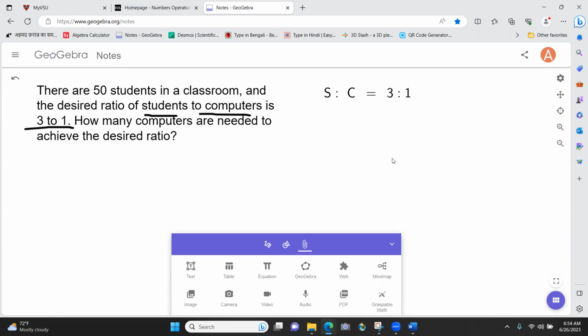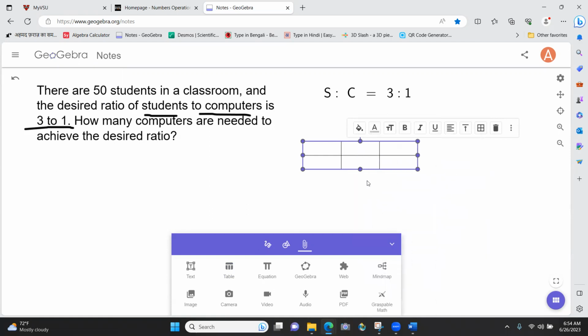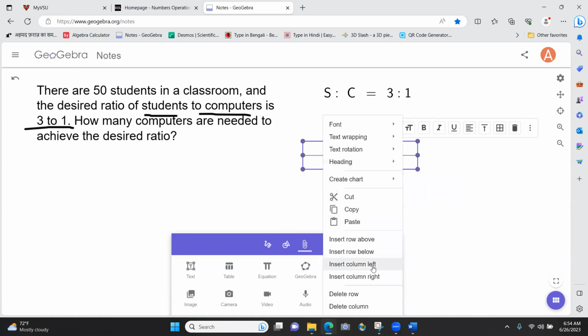The way I'm going to do it, I have 50 students. Now, there is a little catch here. 50 is not divisible by 3. So what do we do? Let me make a table to show you. I'm just concerned about the students.